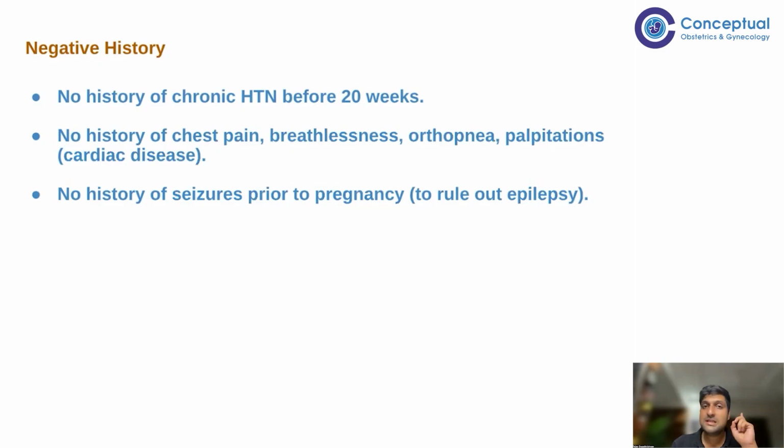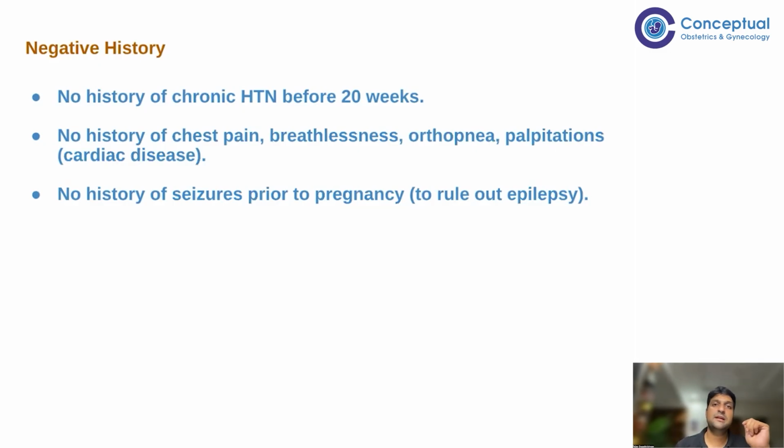A patient who has epilepsy, you treat her with magnesium sulfate, she will not respond. Her treatment should be done with anti-epileptic drugs like levetiracetam, right, which are conducive to pregnancy. So therefore, very important history, that there is no history of seizures prior to pregnancy, because you have to rule out any epileptic disorder.